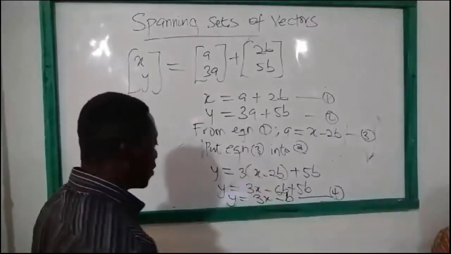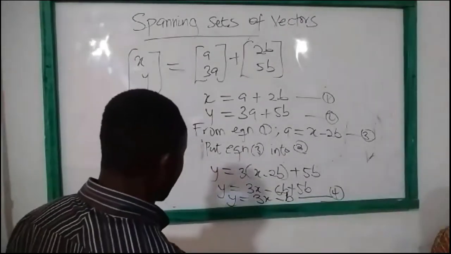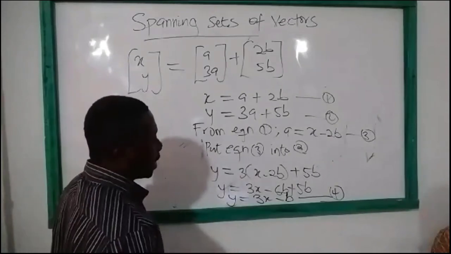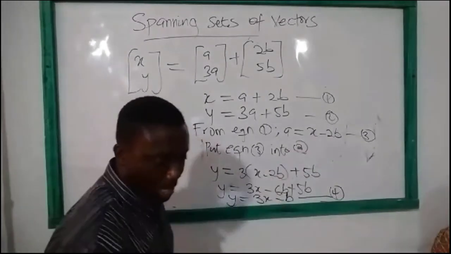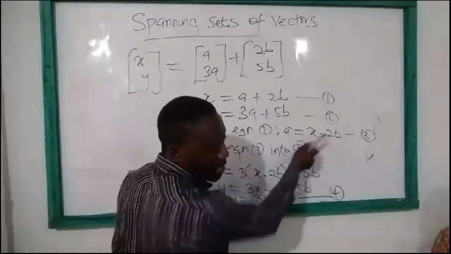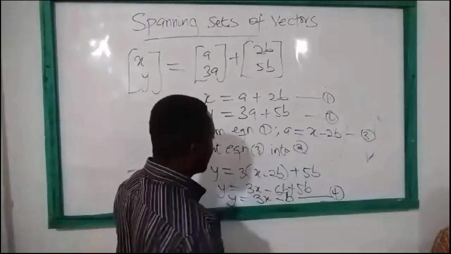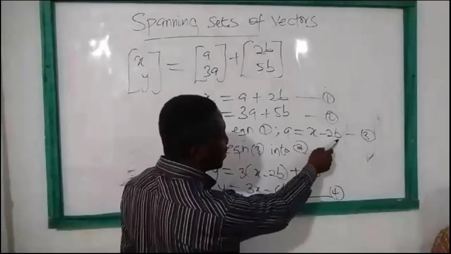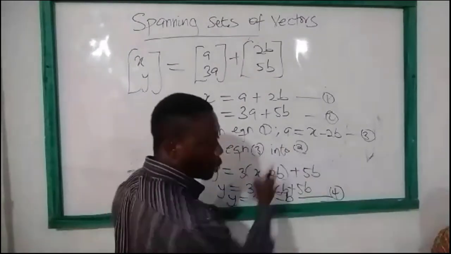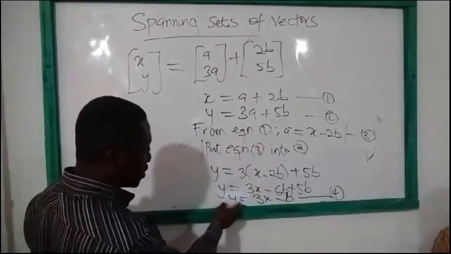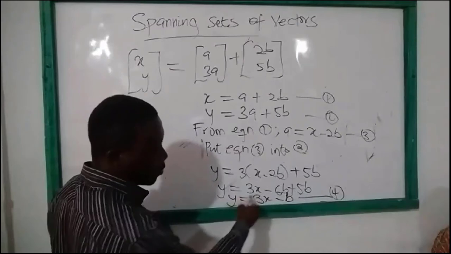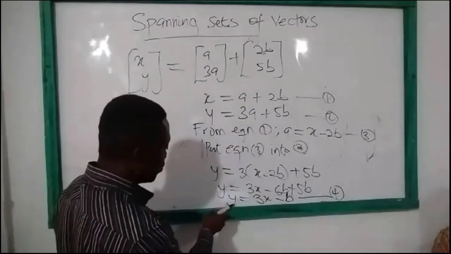So how do we express a in terms of x and y? We can do that by substituting the value of b into equation 3. It means that we must be able to make b the subject in this equation.